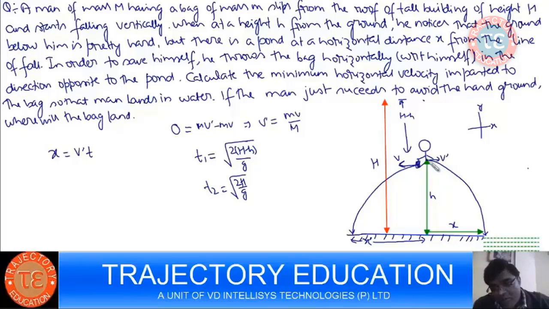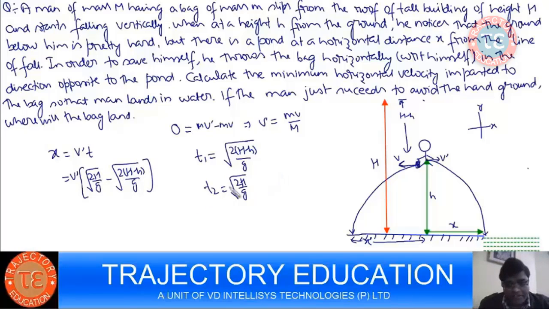So now what is the time taken by the man to travel this smallest distance? That should simply be t equal to under root 2H by g minus under root 2(H minus h) by g. This is because the vertical motion remains unaffected.